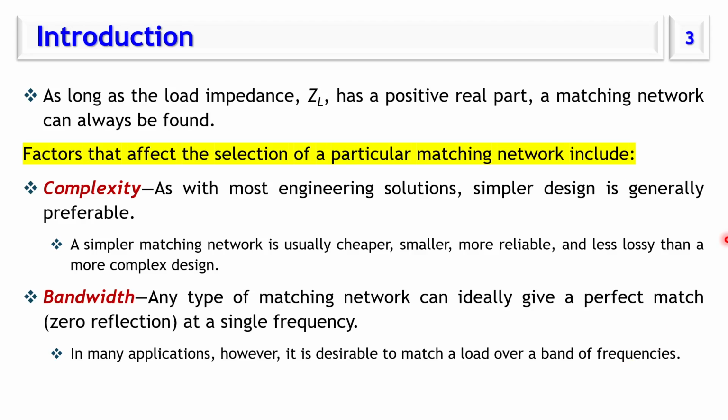And in general, as long as the load impedance has a positive real part, we can find a matching network. So the question would arise, is there a negative real part? Is there a negative resistance?